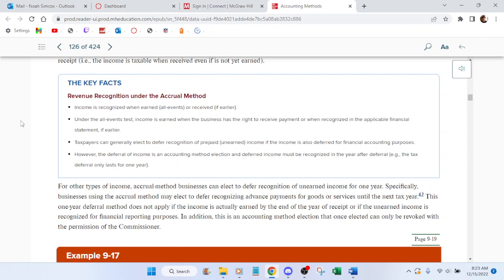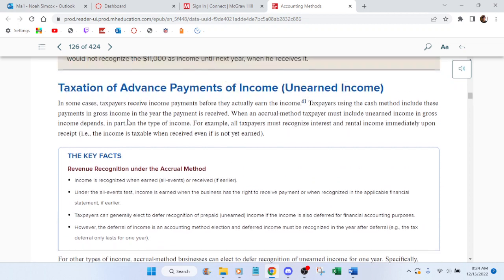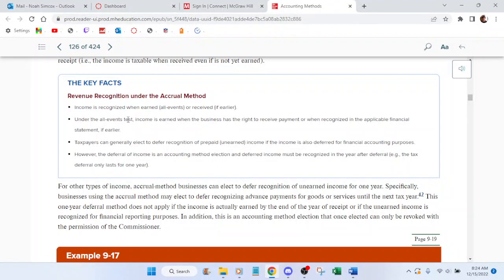Taxpayers can generally elect to defer recognition of prepaid unearned income if the income is also deferred for financial accounting purposes. Well, then what the heck is the point of the all events test of the payment thing? Deferral of income is an accounting method election, and deferred income must be recognized in the year after deferral. The tax deferral only lasts for 1 year.